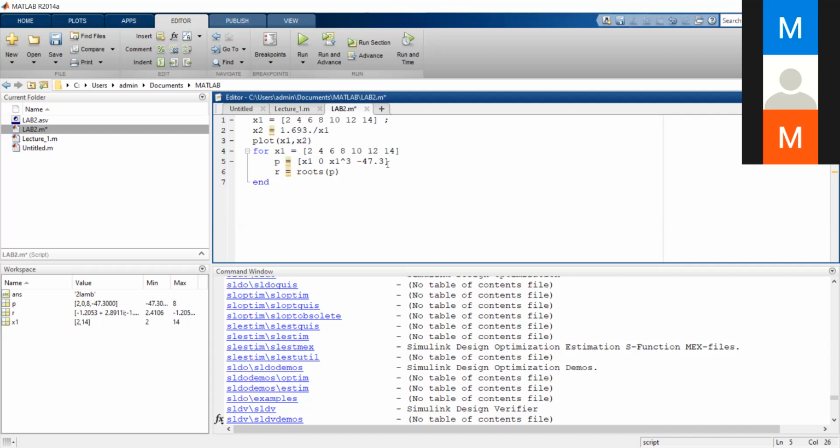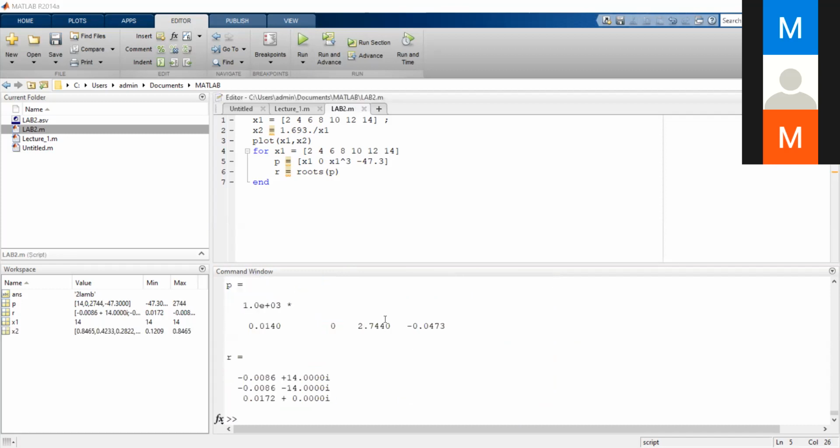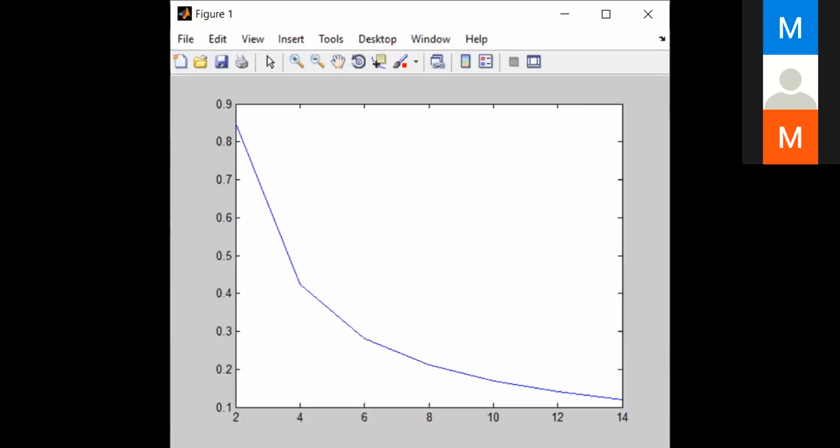Now run it. You are getting the value. If you end this element with a semicolon, you will get a particular result, right? Now just observe the value of R and we will move to our program.